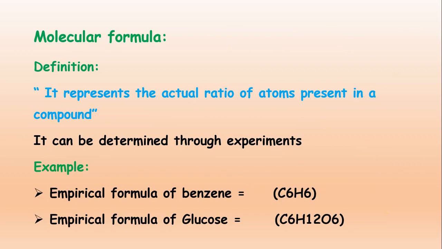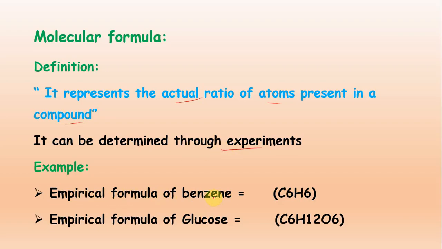Now we are moving towards our last topic, that is molecular formula. It represents the actual ratio of atoms present in a compound. We will not find the simplest ratio, but we will write the actual number of atoms present in a compound. It can also be determined through different experiments.